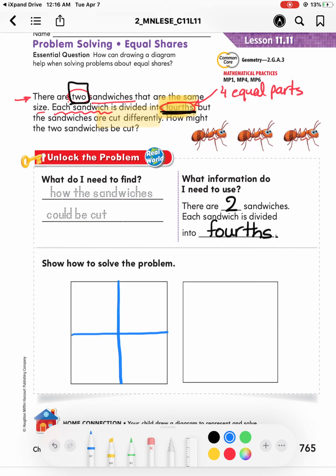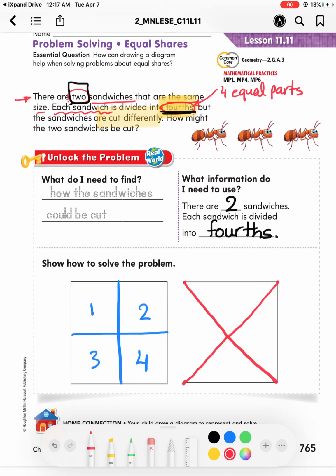We are going to draw one vertical line, one horizontal line to divide the square into 4 equal parts. 1, 2, 3, 4 equal parts. What can we do for the other square? What do you think? Okay, we can draw 2 diagonal lines. Diagonal lines means from this part here till this one, and here from this one till this one.